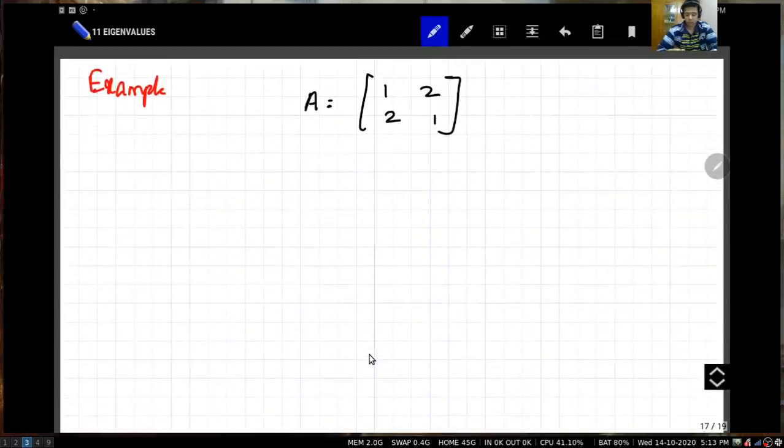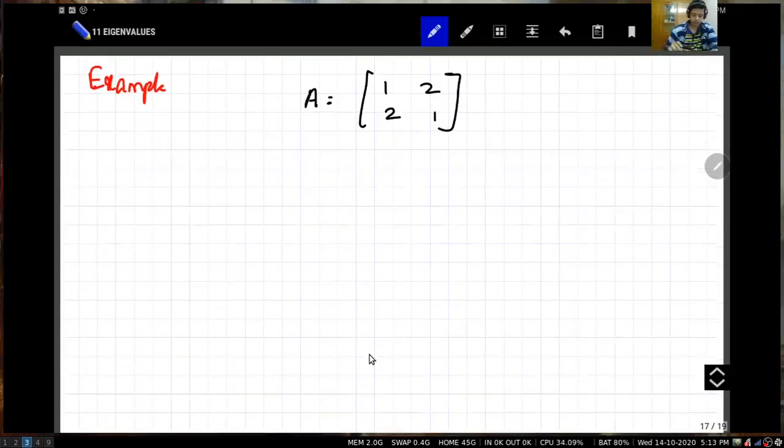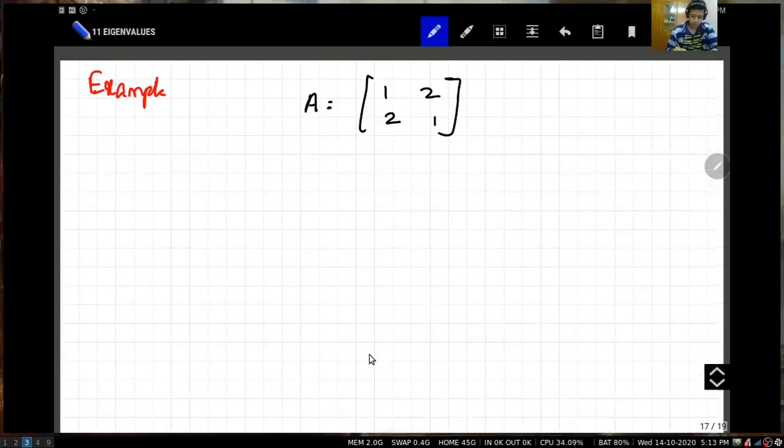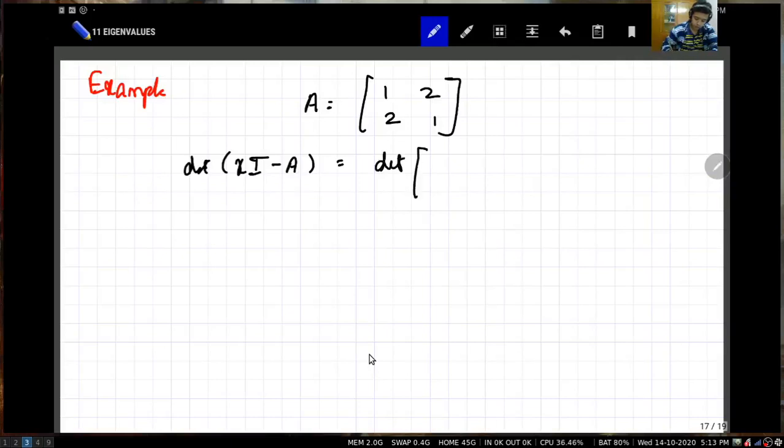Okay, so let's see a different example. So let's take A to be the matrix 1 2 2 1, right? So once again, let's try to compute the characteristic polynomial, which is the determinant of xI minus A, which is the determinant of x minus 1, minus 2, minus 2, x minus 1, right? So this is (x minus 1) whole squared minus 4.